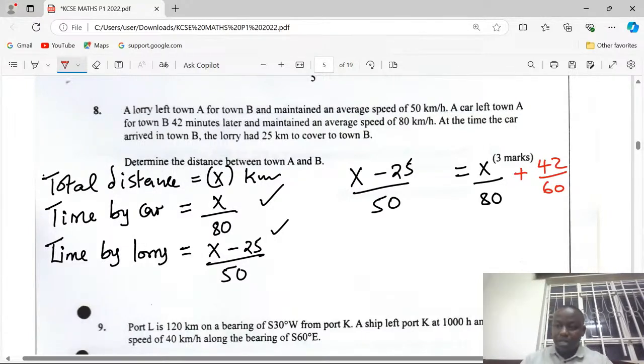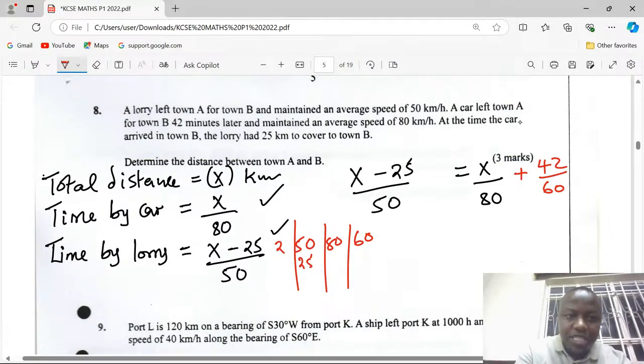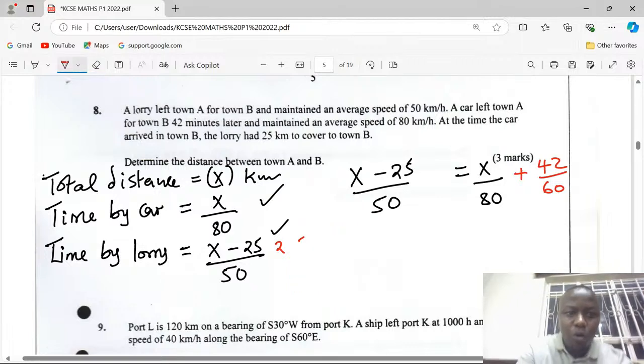Let's look at the LCM of 50, 80, and 60. Instead of the LCM, we can multiply by all the factors, just all of them.